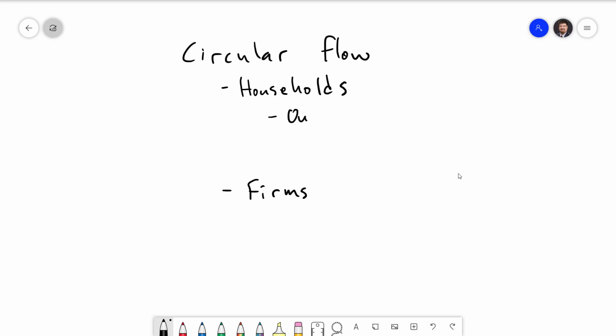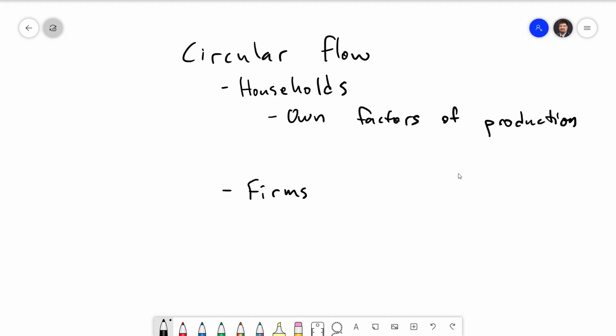Households own the factors of production. What is a factor of production? Well, it's any kind of resource that's used to produce things. The biggest one would be labor. As a member of a household, you own some labor that can be used to produce things. Households also own land that might be rented out in order to produce things.